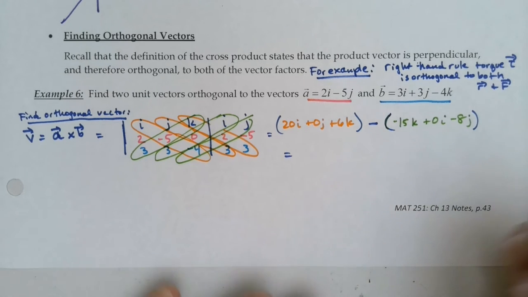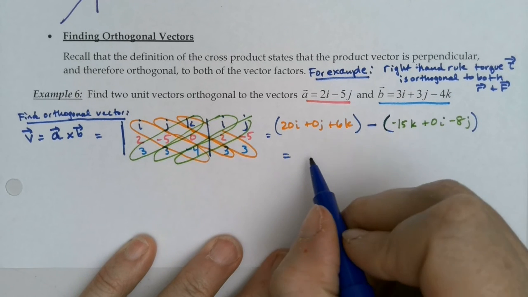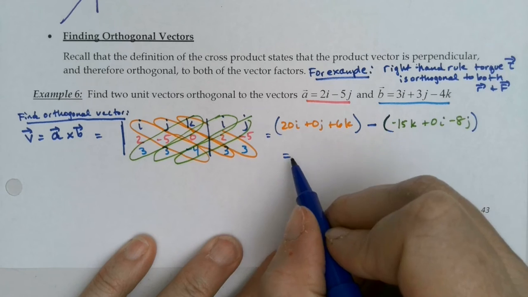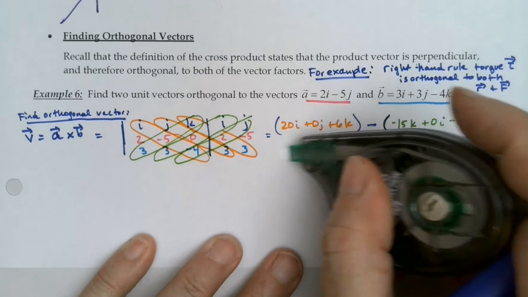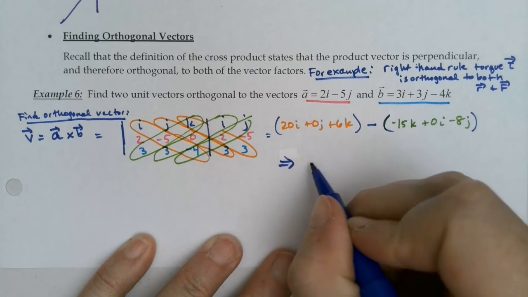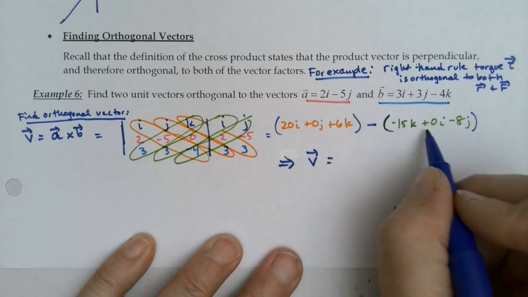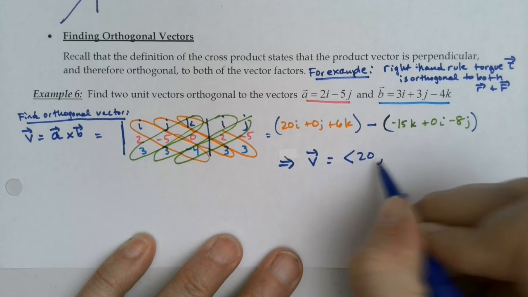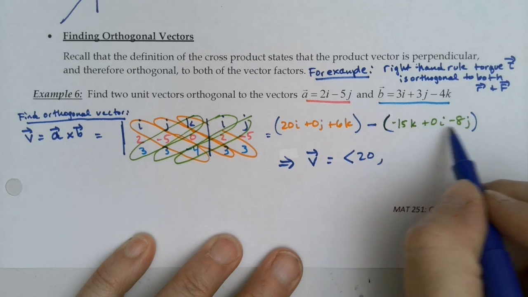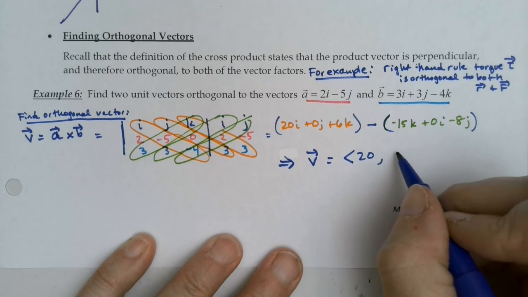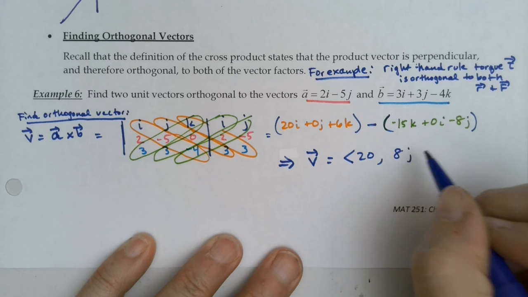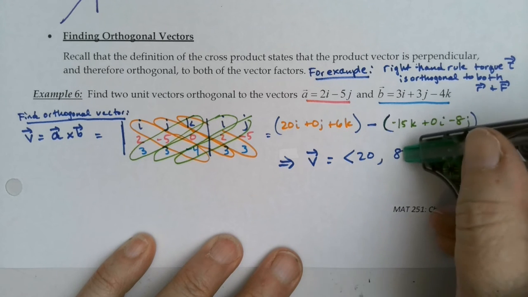Which would get me a vector of, let's see, v is equal to 20, take away 0, so 20, 0 minus a negative 8, so that's 8. Oh, I'm doing this in bracket notation, sorry.